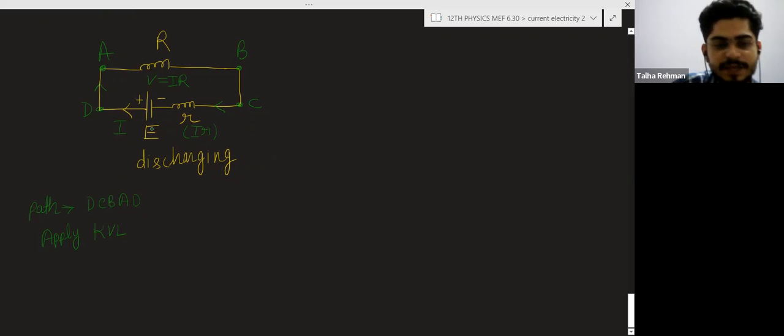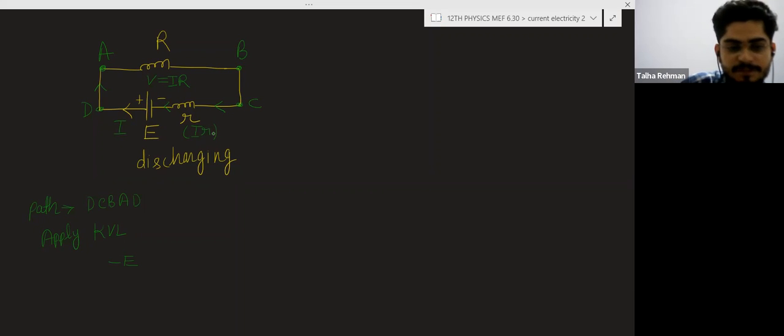So this E you will take as negative, minus E. Okay, and now you are moving in the opposite direction of current. The direction of current is this, and you are moving in the opposite direction of current, means you are moving in the direction of increasing potential. So this Ir will be positive this time.